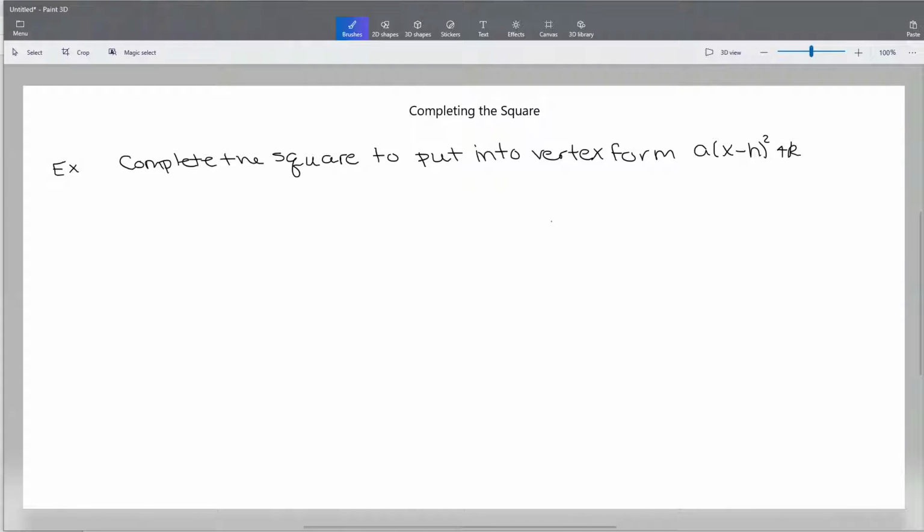All right, so let's go ahead and look at our second example. Same directions.